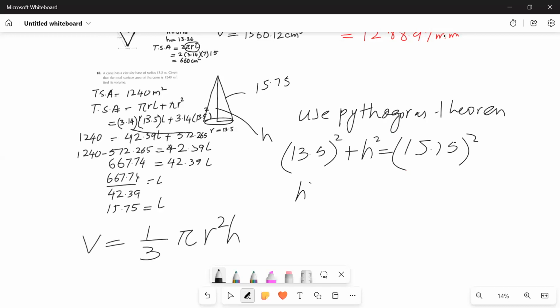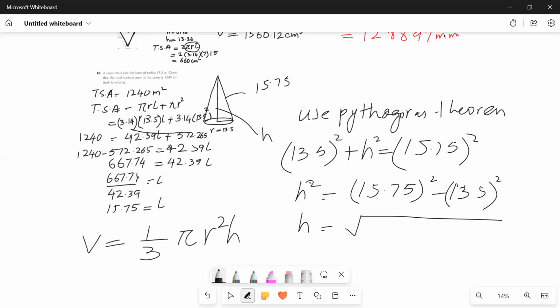Then it is 15.75 square minus 13.5 square. Then take the square root of this. What is the answer for this? After taking the square root, I am getting 8.9 something. Can you check? 8.093.